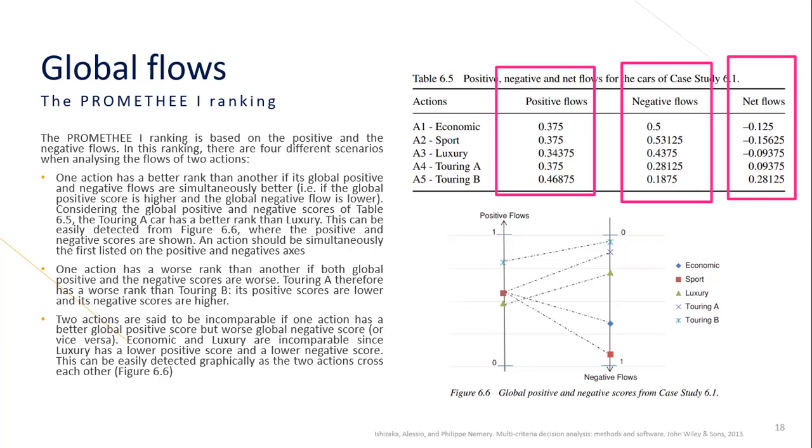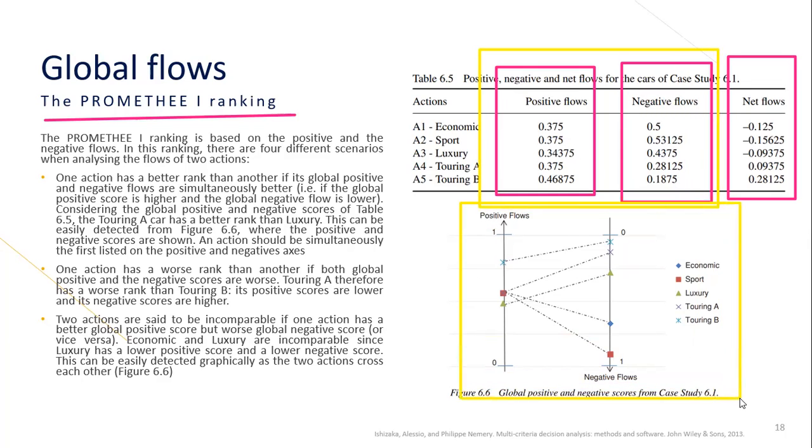For Promethee 1, you use the information from the positive and negative flow to create the ranking. How do you do that? You will have a graph like this, which shows that we rank based on the positive and negative flow.